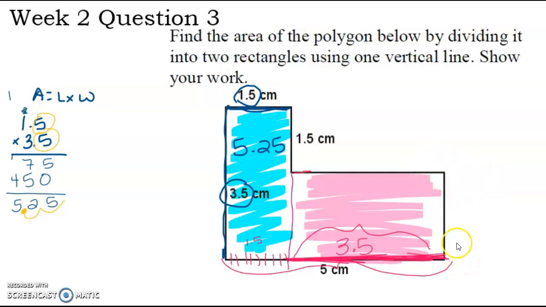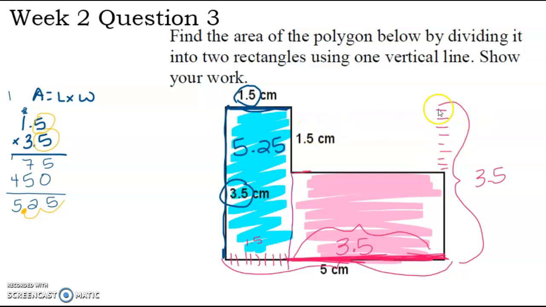Now I have to figure out how tall it is. Well, there's nothing that tells me how tall it is. But what I do know is, oh, I'm sorry, let me erase this. I do know that this entire thing is 3.5, because that's what's across from this one right here. I just have to subtract this portion of it to find out what this is.